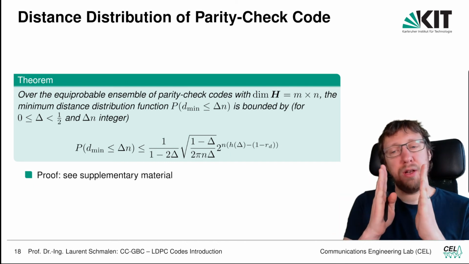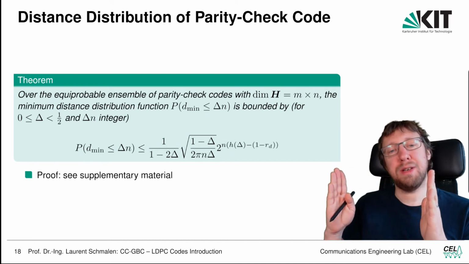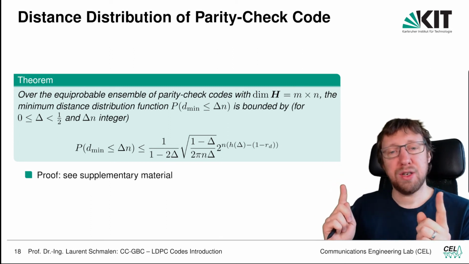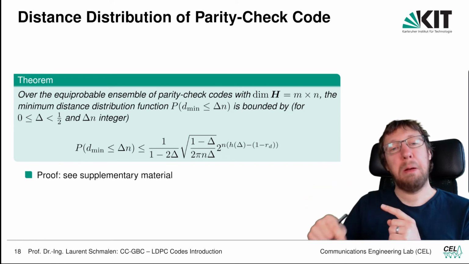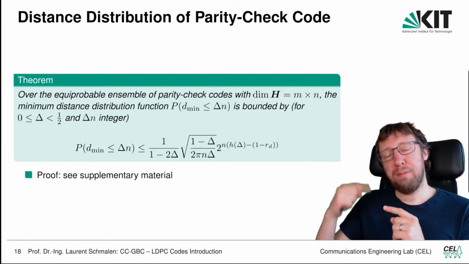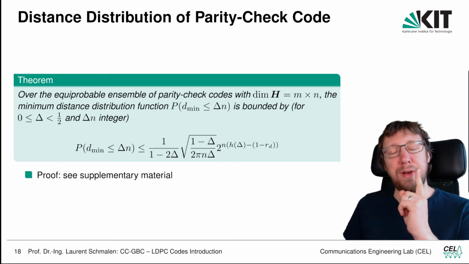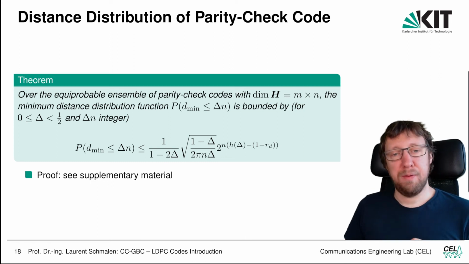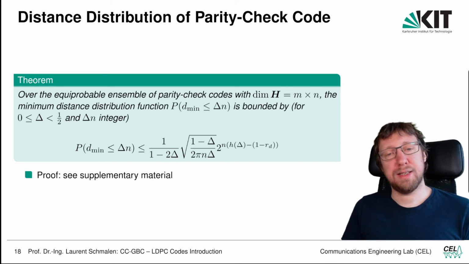So if we have a certain minimum distance for the short code and we double the length of the code, the minimum distance should also double. So the minimum distance should be a function that is linear in n. If n doubles, minimum distance should double. If n triples, minimum distance should triple, because the fraction of errors that we want to correct per bit should stay the same. So that's why we require the minimum distance to be a multiple of n.